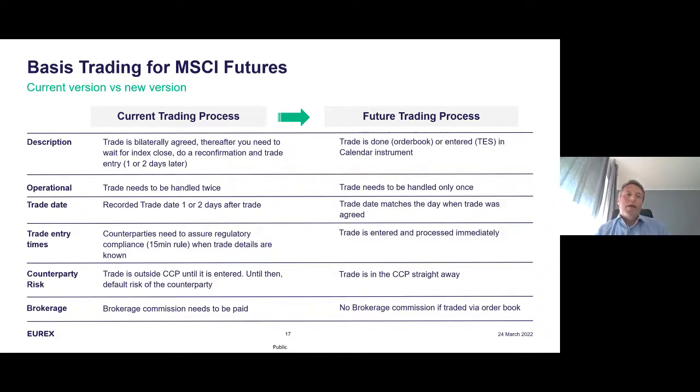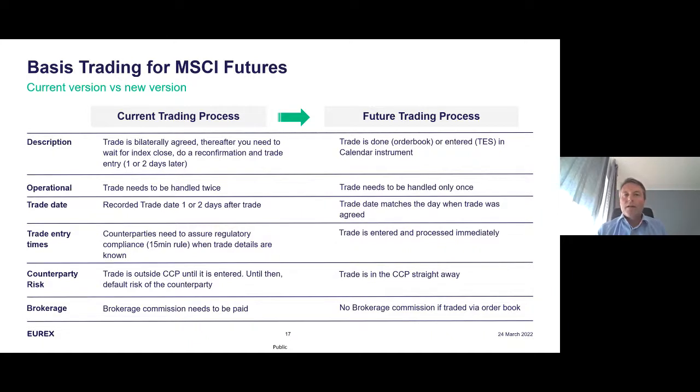Also important, I think, is the counterparty risk. Here you need to note that in today's environment, where you wait until the index close is there, the trade only goes into the CCP once it's entered. Before that, the trade is not known, and therefore you have default risk on your counterparty.